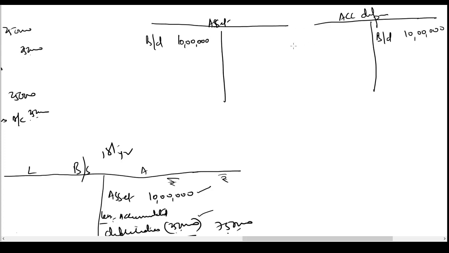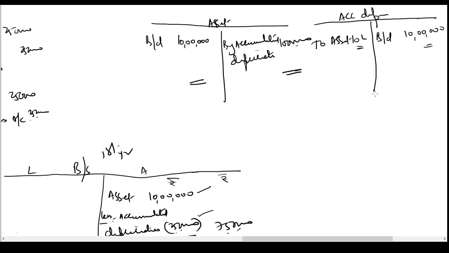Now, if I want to close the asset, what I'll do is, I'll transfer this depreciation to the asset. To asset 10 lakhs, with this account will be closed. Here I'll write by accumulated depreciation 10 lakhs. With this account will get closed.